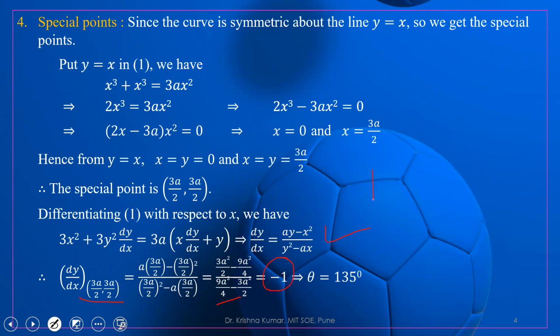So tan theta is equal to -1, which is tan 135 degrees. So theta equals 135 degrees. It means the tangent at (3a by 2, 3a by 2) makes a 135-degree angle with the x-axis.